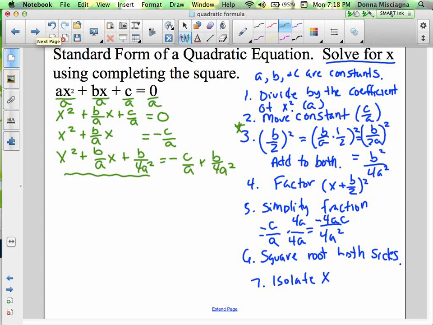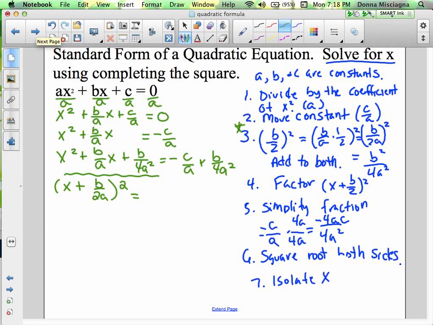We still follow the same format: it's x plus b divided by 2, and what was that? It was the thing we had before we squared it, b divided by 2a. So this is going to be x plus b divided by 2a, and of course, we would have 2 of them, so that means that's squared.